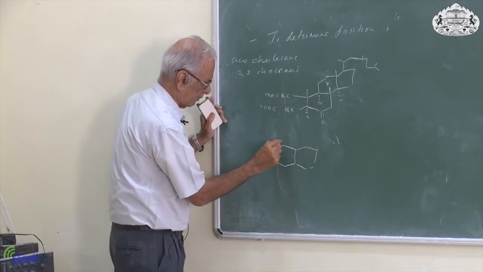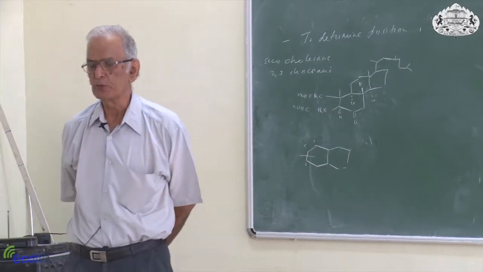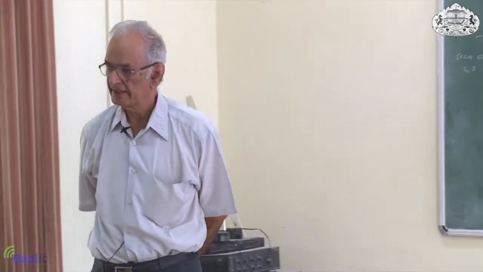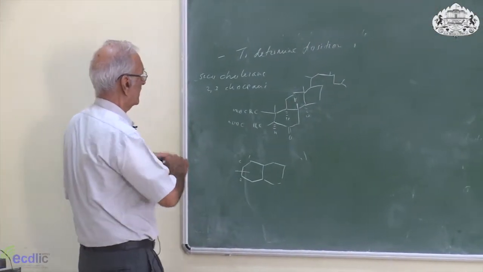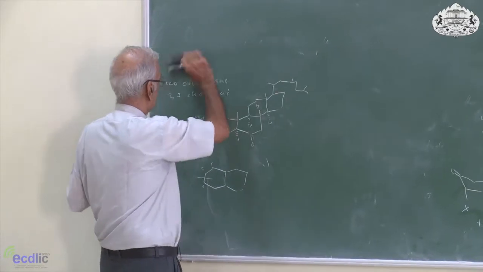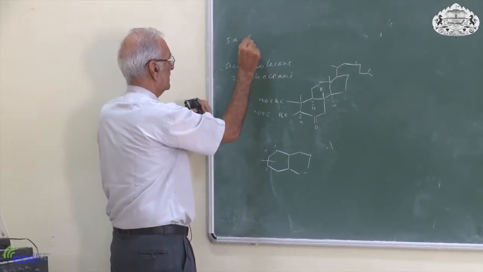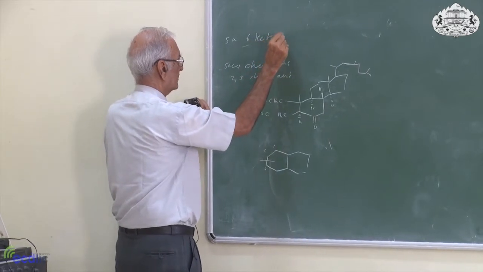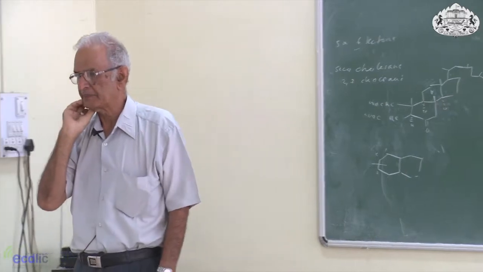We have broken the bond between carbon number 2 and carbon number 3 and made it into a dicarboxylic acid. If I have to give the full name, 5-alpha, 6-keto cholestane 2,3-dioic acid.